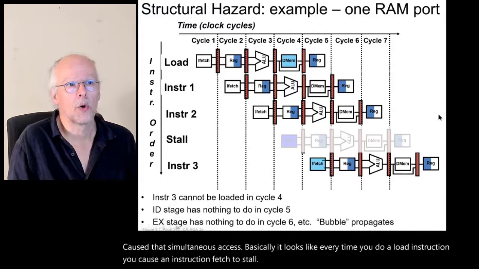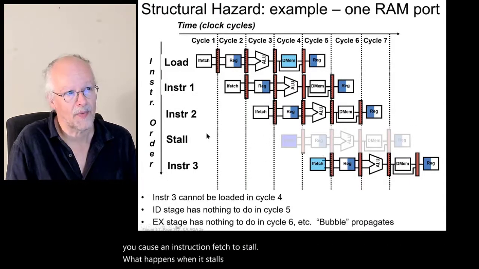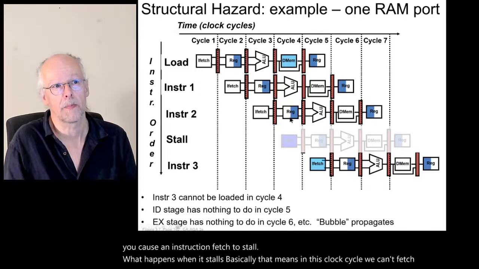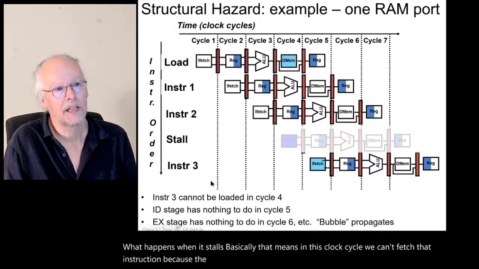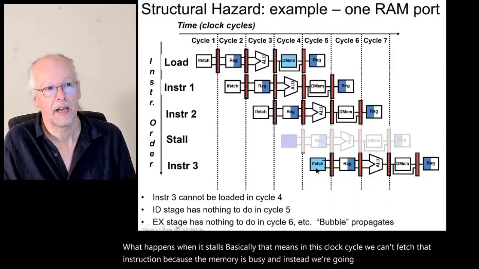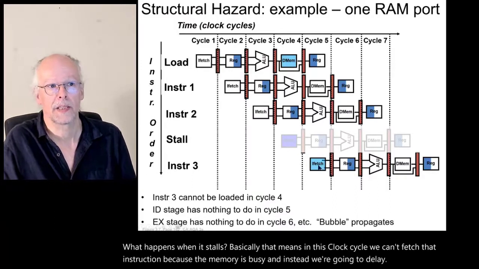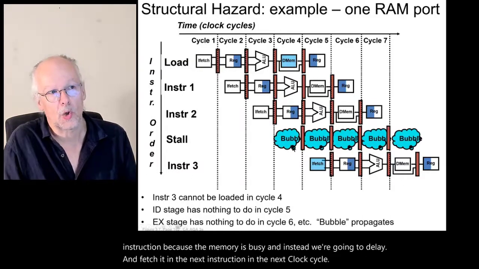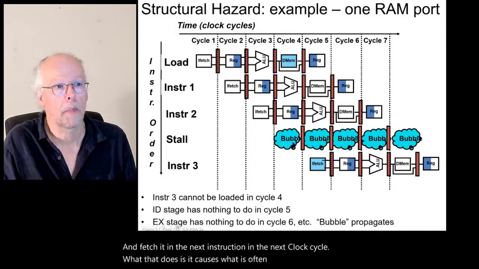What happens when it stalls? Well, basically that means that in this clock cycle we can't fetch that instruction because the memory is busy, and instead we're going to delay and fetch it in the next clock cycle. What that does is it causes what is often called a pipeline bubble.